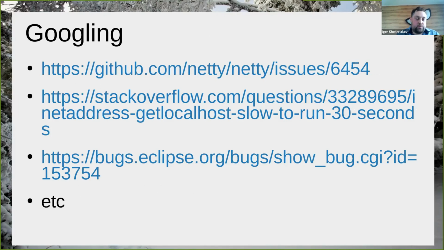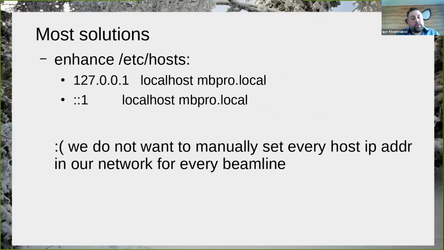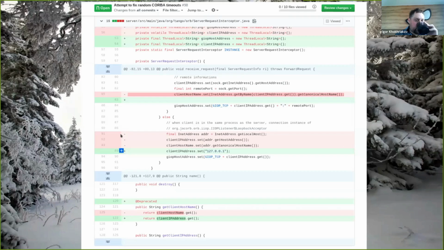If you Google for that problem, it's quite a well-known thing. Usually they propose to write some /etc/hosts, carefully write down all the APIs and everything, but which is obviously not the way we would like to fix it.